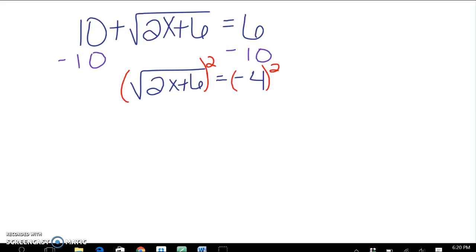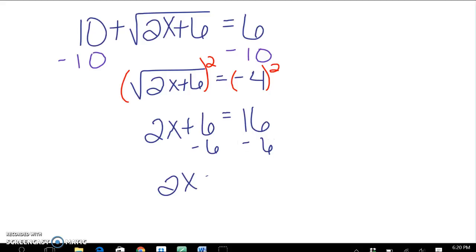So when I square the left side, I have 2x plus 6 with no radical. Negative 4 times itself is 16. I'm going to use the easy part, right? Subtract 6. So x equals 10. X equals 5.